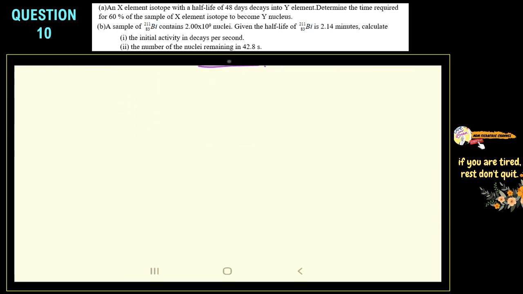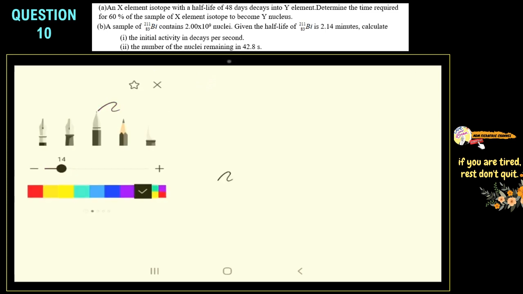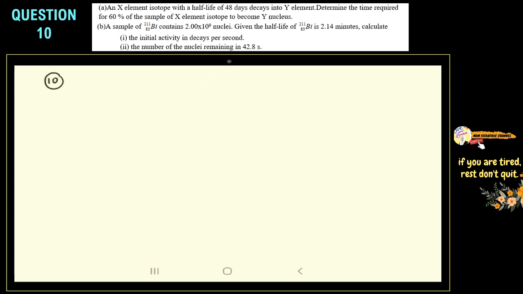So now let's look at question 10B1. We have a sample of Bi that contains 2 exponent 9 nuclei. The half-life of Bi is 2.14 minutes. Calculate the initial activity in decays per second.